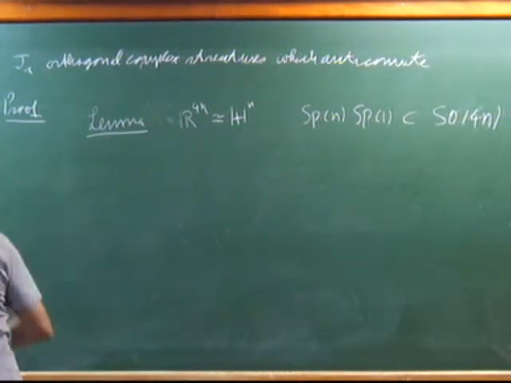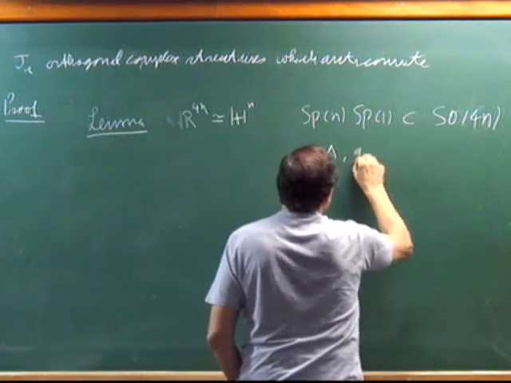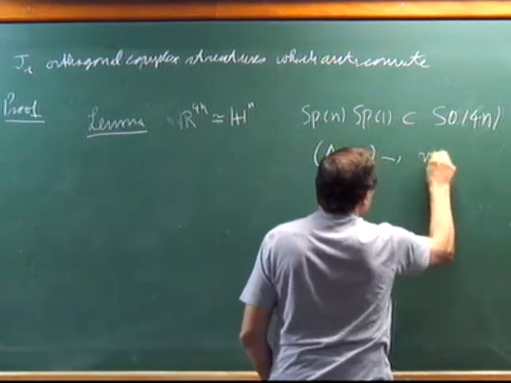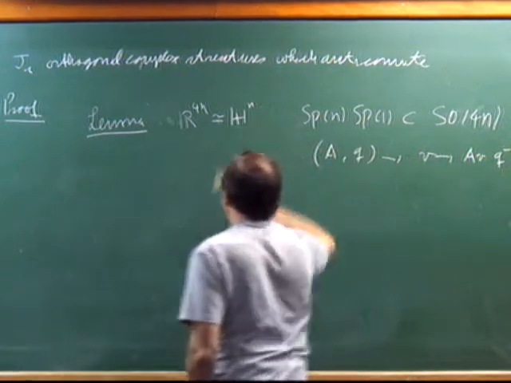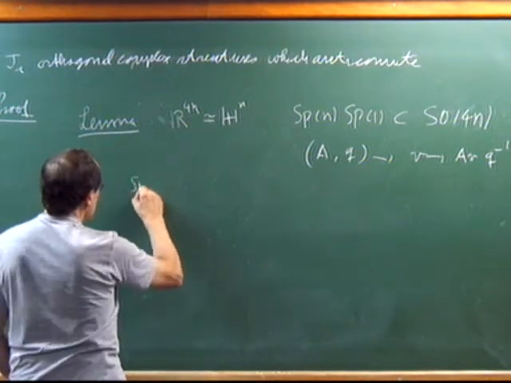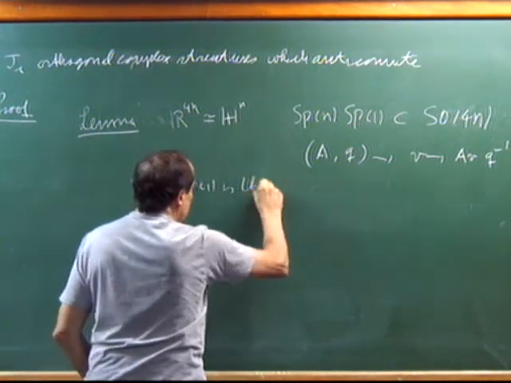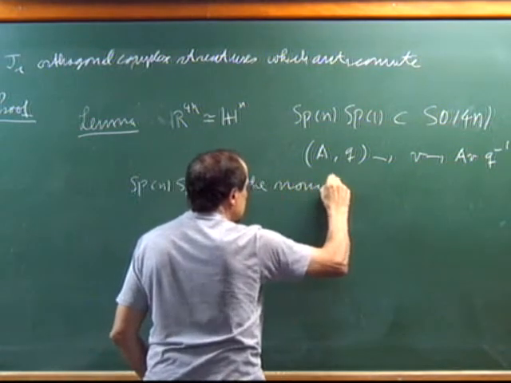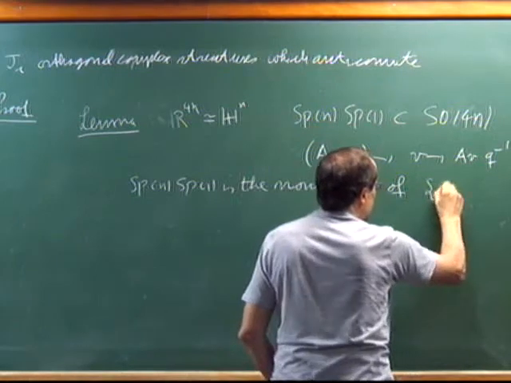This is how it acts on R^{4n}, after I choose an identification. And now I claim that Sp(n)·Sp(1) is a normalizer of the Sp(1) factor.